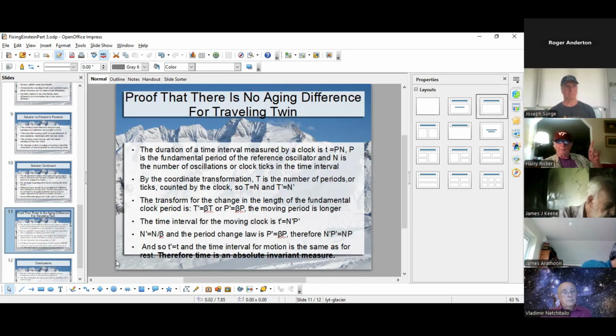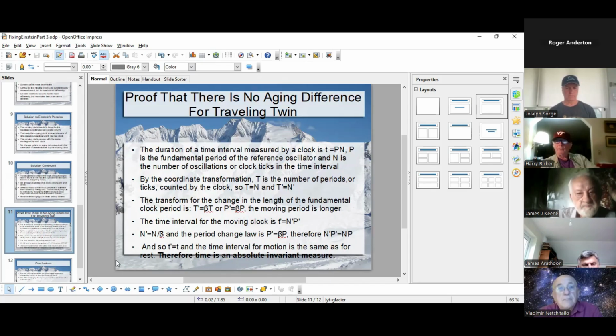The time interval for the moving clock is T prime, okay? And that's equal to the number of ticks times the length of a period of the tick. And when we apply the transformation, N prime equals N divided by beta, and the period changes to P prime equals beta times P, and we multiply those two together, we get that N prime P prime equals NP.